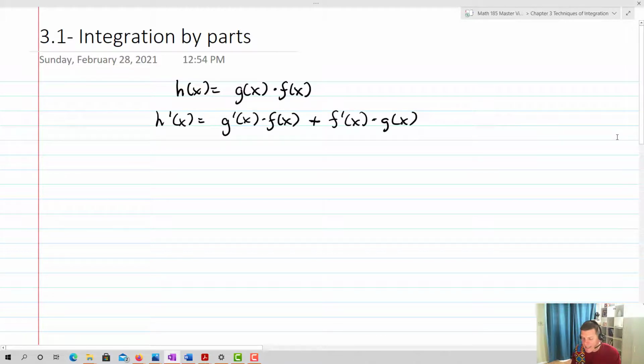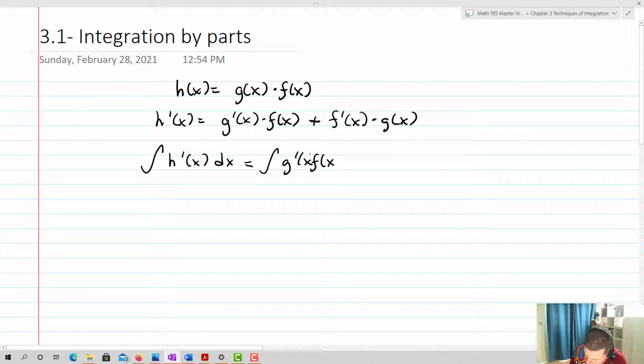And then, for the sake of fun, let's say we take an integral of both sides. So we get the integral of h prime of x dx equals the integral of g prime of x times f of x plus f prime of x times g of x, all dx. All right, seems a little backwards, but we'll get there in a second as to why we did it.